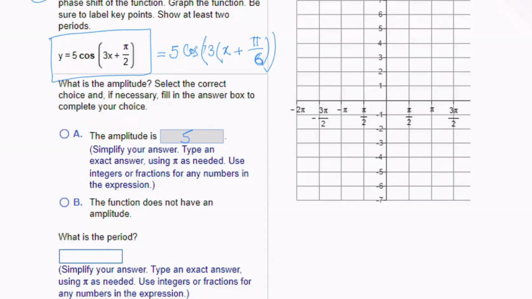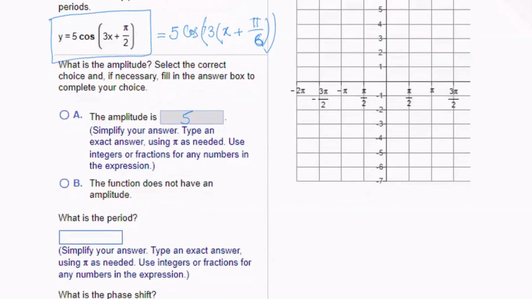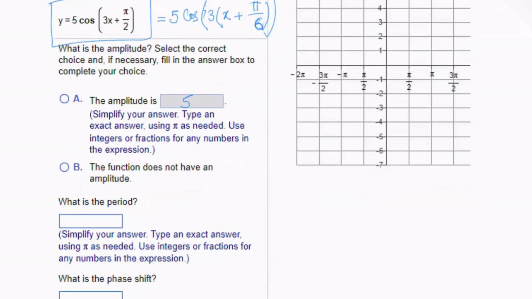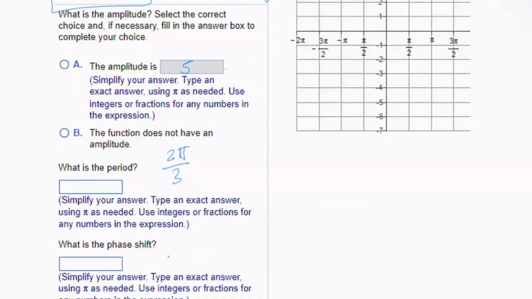Right. So having written it in that form, the period should be 2 pi divided by 3, obviously. And I wrote the function in that form so that I can extract the phase shift, which would be negative pi over 6, right?